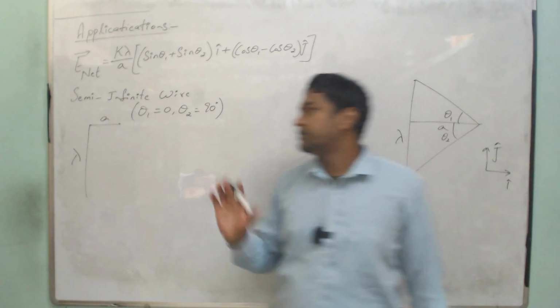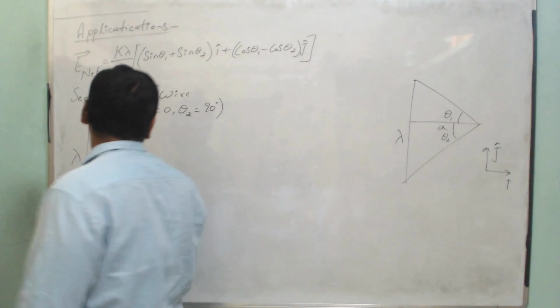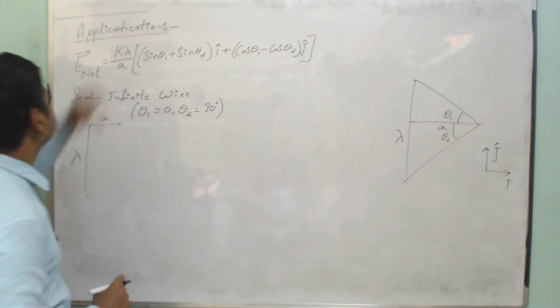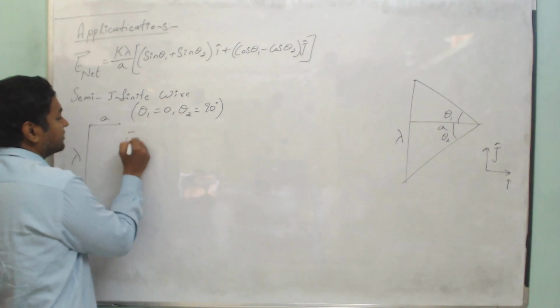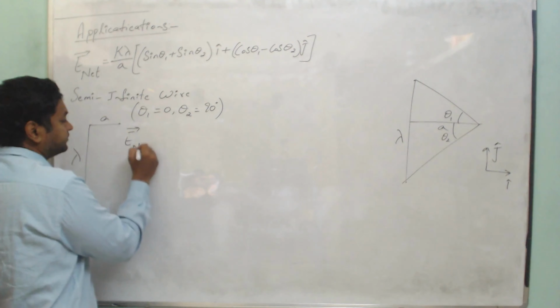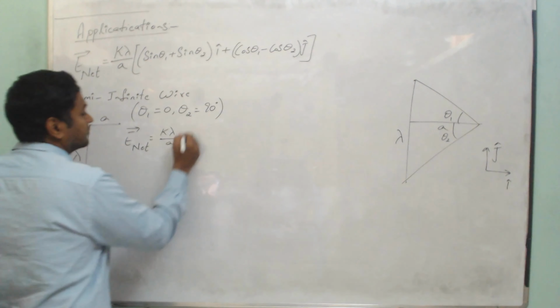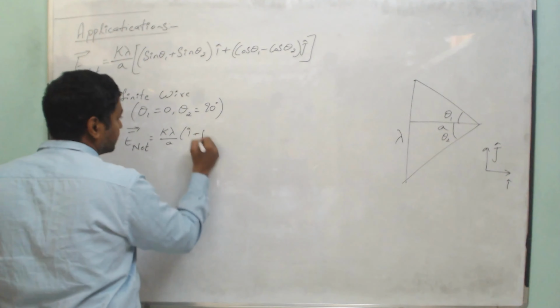So we just have to substitute the values over here. If I substitute these values, I will get K lambda by A of I cap plus J cap.